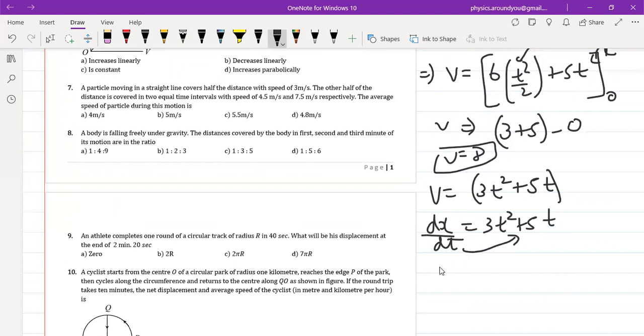You take the dt to the side, it would be integral dx is integral (3t square plus 5t) dt, and then x begins from 0, very important, and then the general value of x. But you need to find the distance at 1 second. So here we put the upper limit as 1 and not before integration.